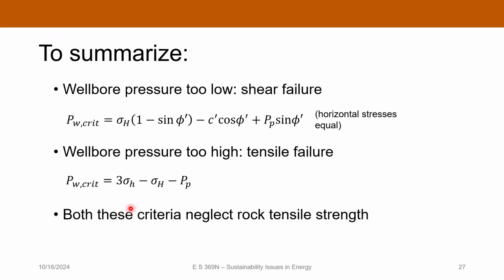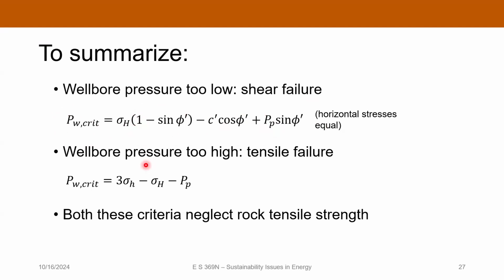So the upshot here is that if the wellbore pressure is too low, you'll start having shear failure. And the critical wellbore pressure for shear failure is given by this equation here. So it's a function of the material properties, the horizontal stress, and the pore pressure.